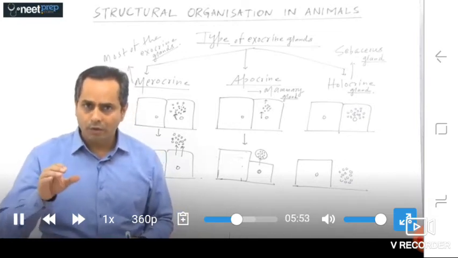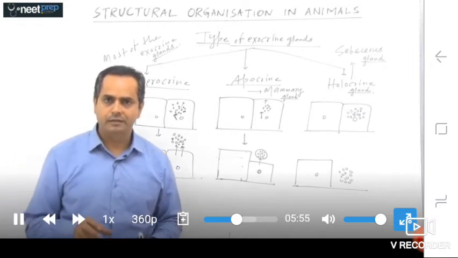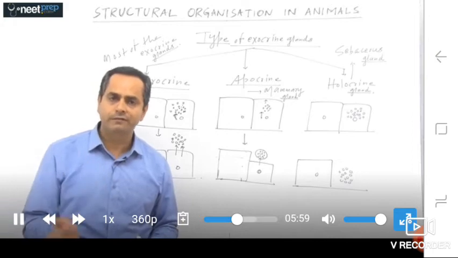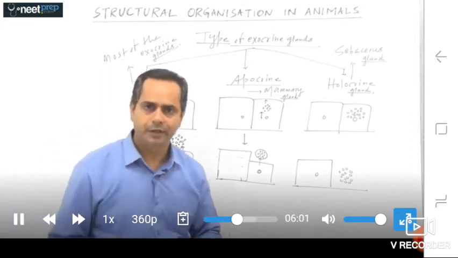Now, on the basis of their structure, exocrine glands can be further classified into several types. And what is that? Look at here.